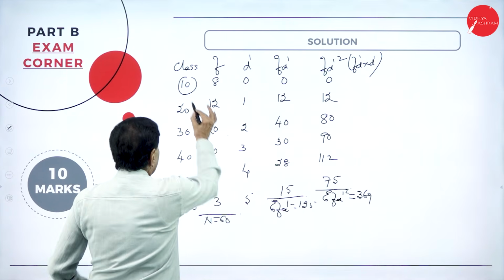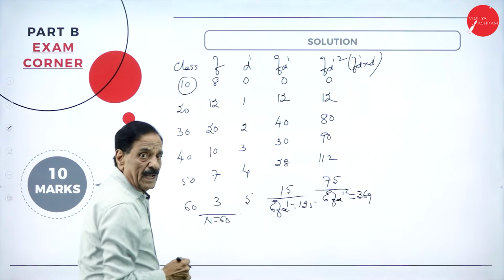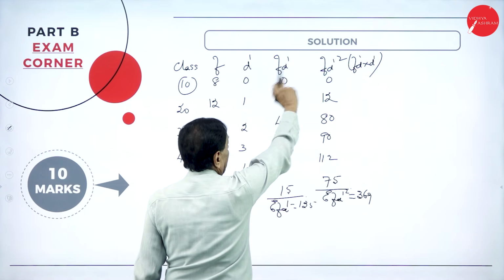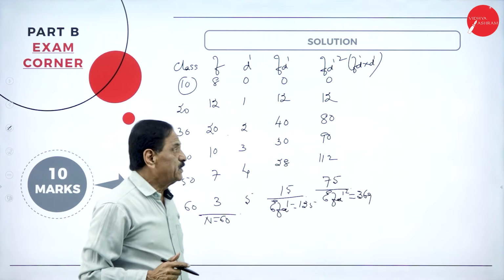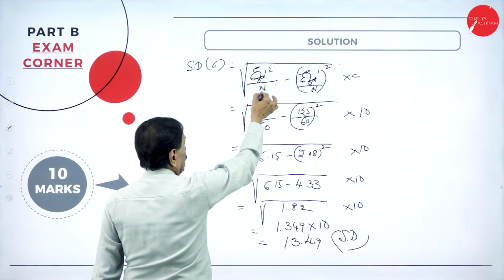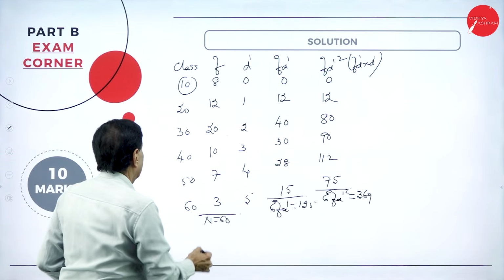So the procedure: first, the lowest number is 0, 1, 2, 3. You call this d dash, multiplied by f, f t dash. F t dash and d dash is f t dash square. So it will come 125 and 369. Apply standard deviation: root of f t dash square divided by n minus f t dash divided by n, into c. See that c is like this.